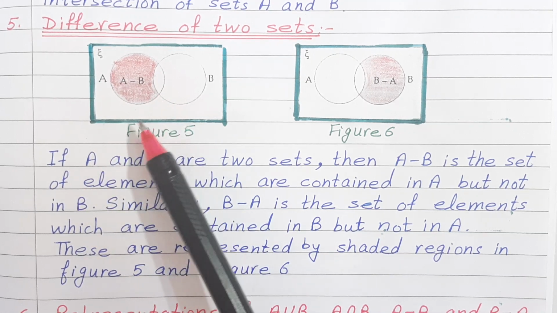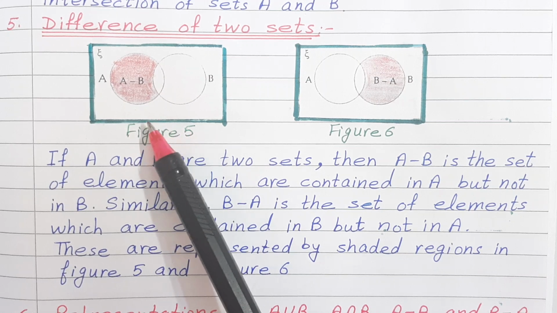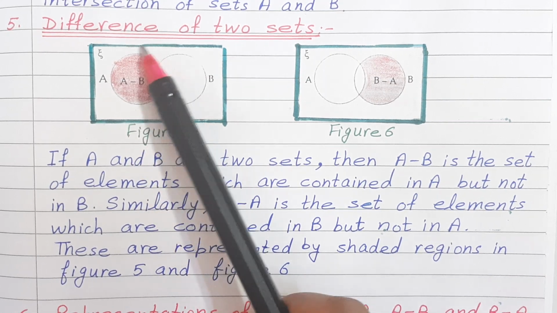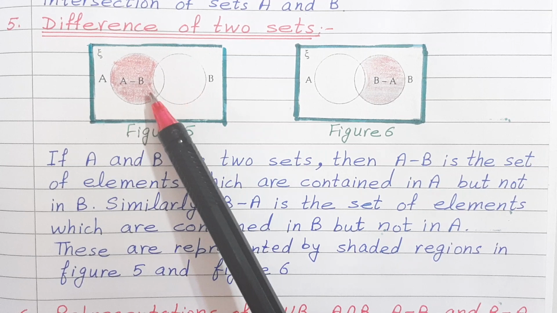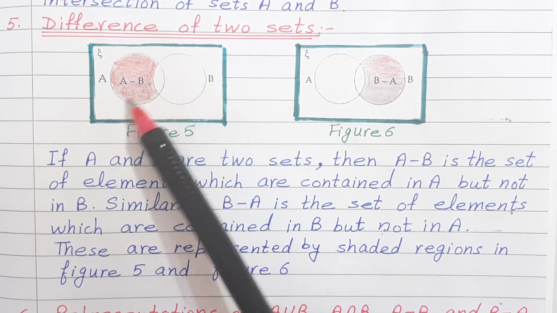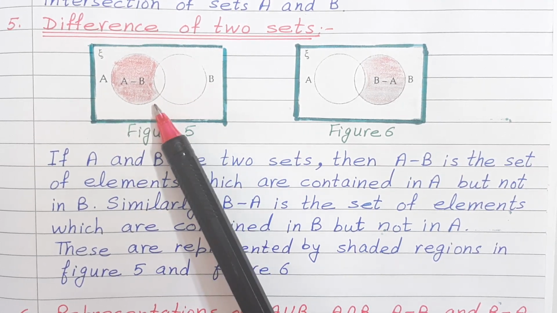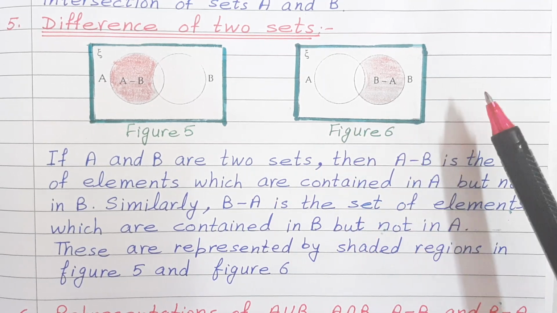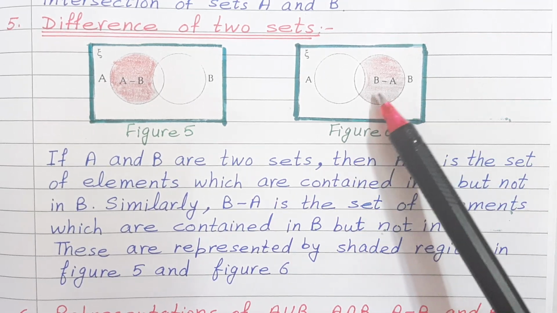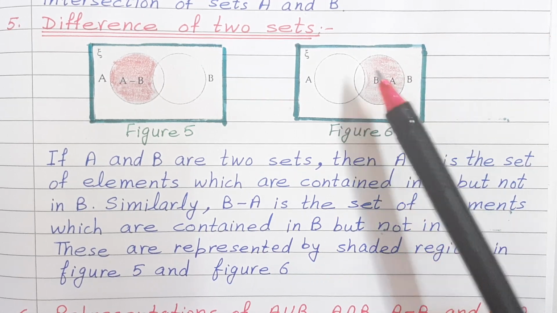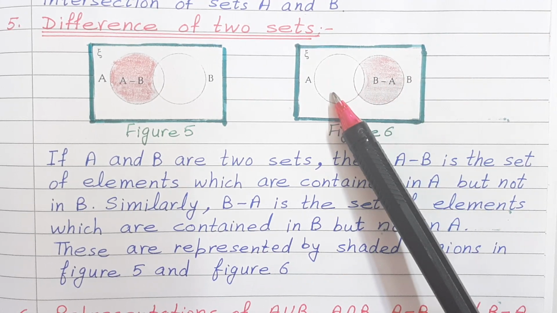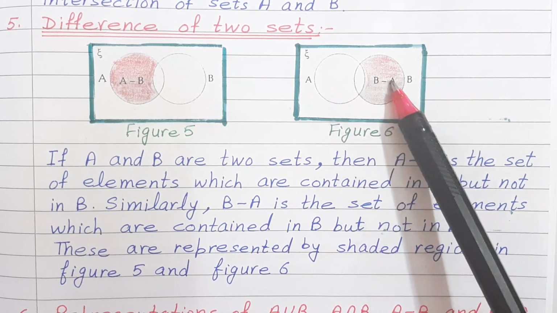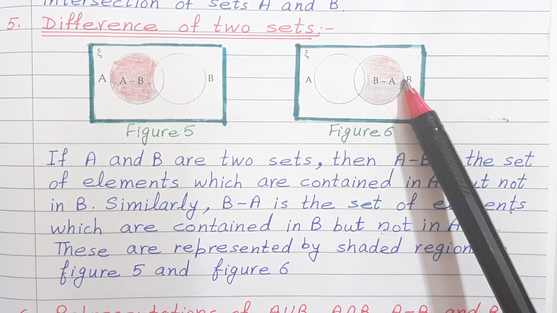Here for A minus B, all the elements of A will come and we will delete the elements which are common in A and B. Similarly, in figure number 6, the elements which are contained in B but not contained in A. Here also we will remove the common elements from B. I hope it is clear to you.